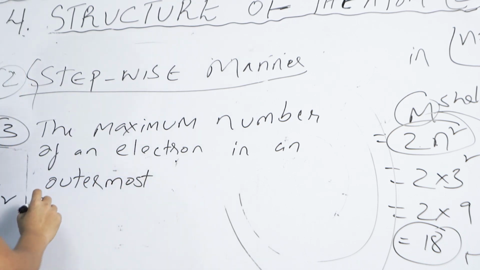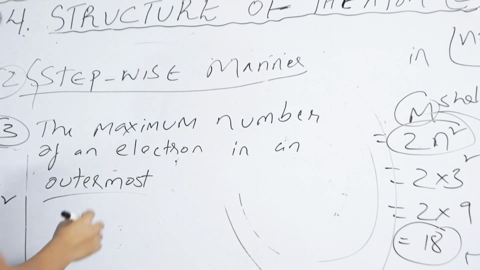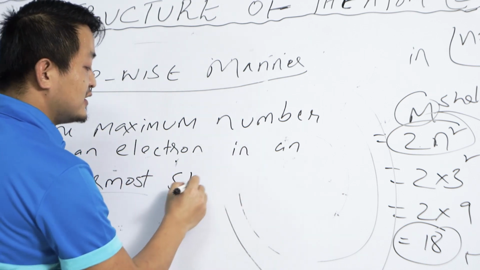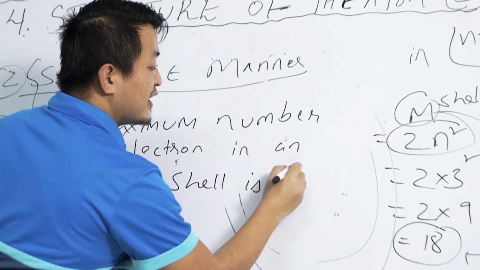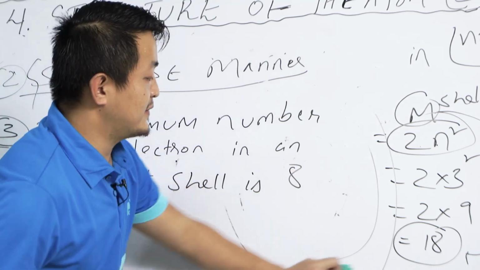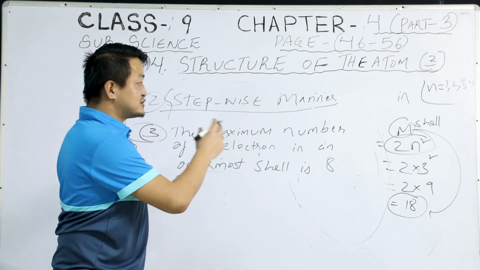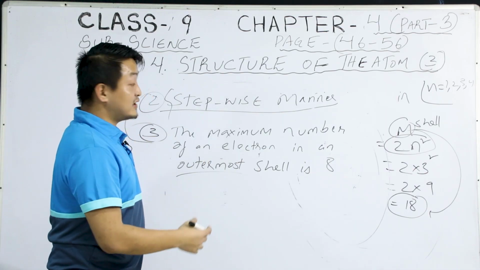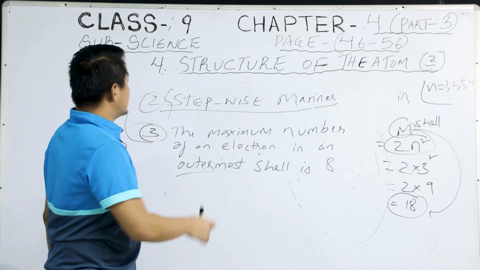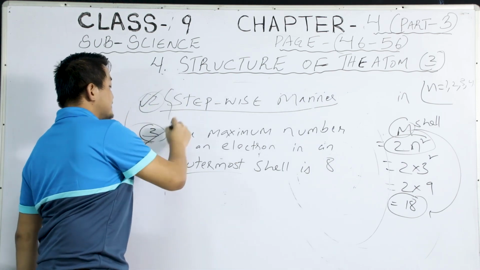The outermost shell is also known as the valence shell. The outermost shell can hold a maximum of 8. Clear? So these are 3 simple rules to know how electrons are distributed in an orbit. This is the second rule, this is the third rule.